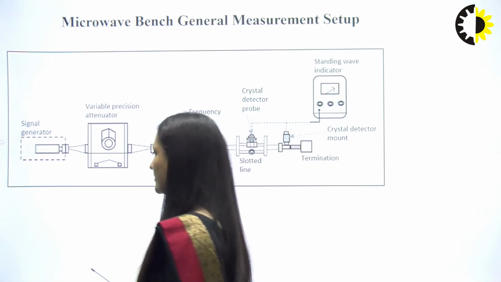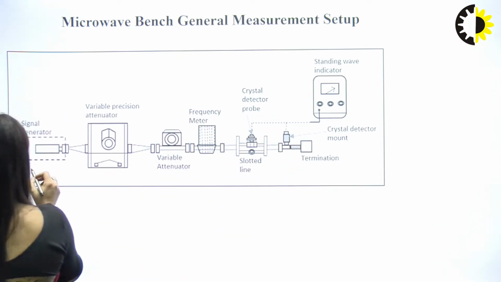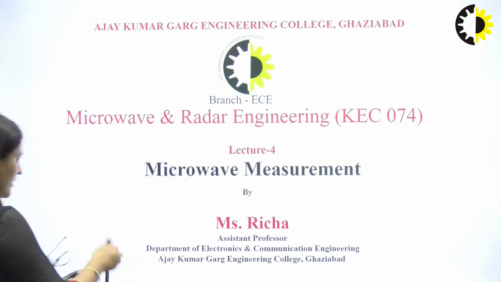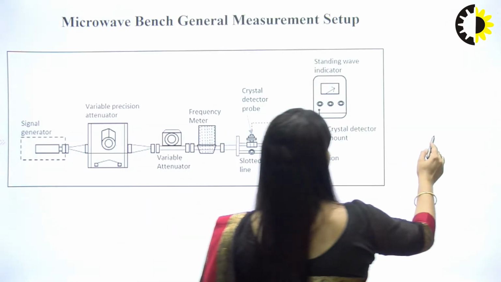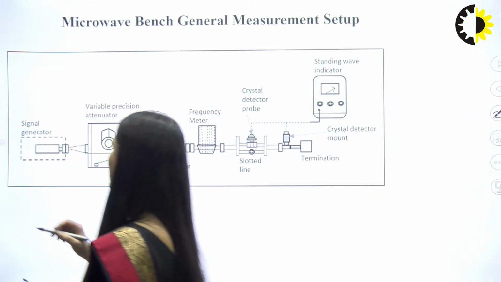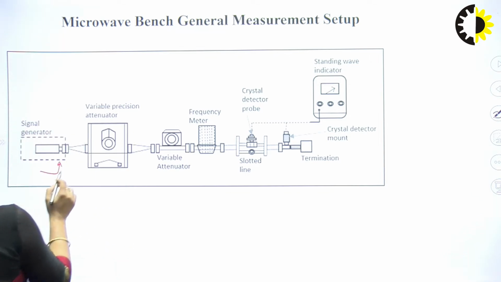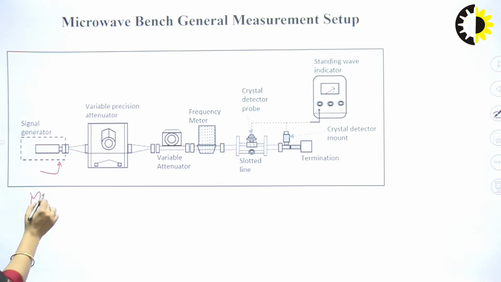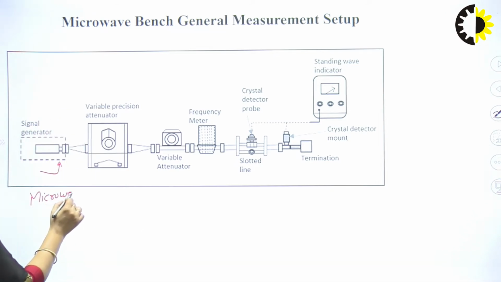So see here, first we have used a signal generator. This signal generator is a microwave signal generator. From here we are getting a microwave signal, so we can say this is your microwave source. Till now we have discussed the microwave source also.